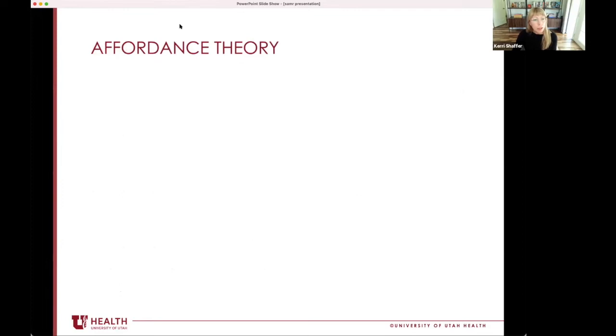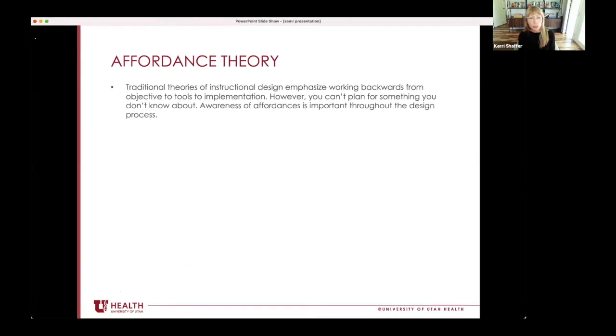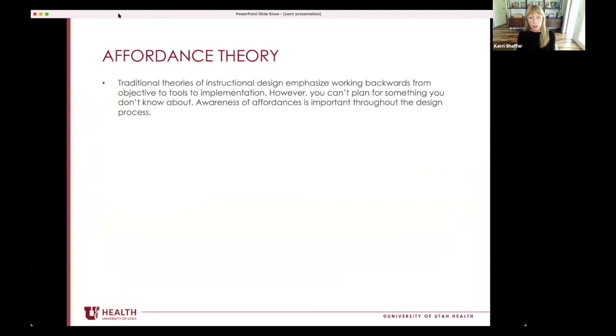Candace, thanks. So, as Candace mentioned, one of the drawbacks to SAMR as it was originally conceived was that it was presented as a hierarchy, which we disagreed with. And we also initially started thinking about affordance theory in terms of technology, that the traditional sort of backwards design where you start with your learning objectives and then later you determine what tools you'll use to achieve those objectives, we thought it's really hard to create learning objectives if you don't know what tools are already available to you.